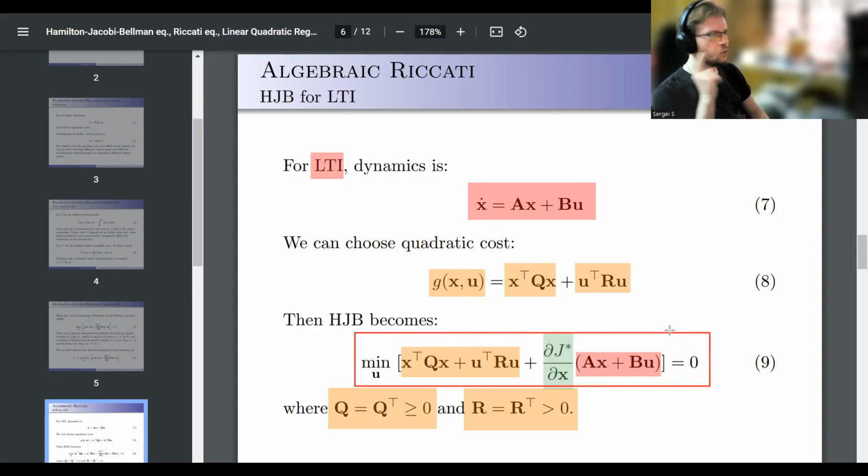Now we just need one more component to be able to solve this equation. That one component is this part here. So far, this looks mysterious, and we don't know what to do with it. All right, let's make the next step.